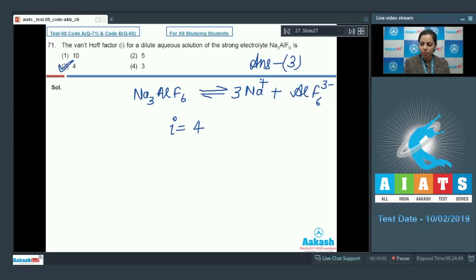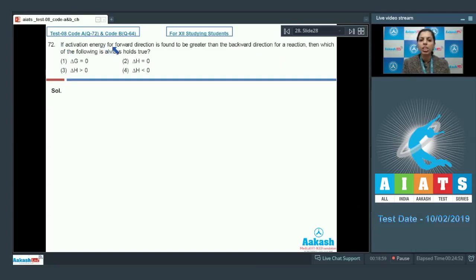After this, there's another question. Question number 72. If activation energy for the forward reaction is found to be greater than the backward direction for a reaction, then which of the following always holds true?